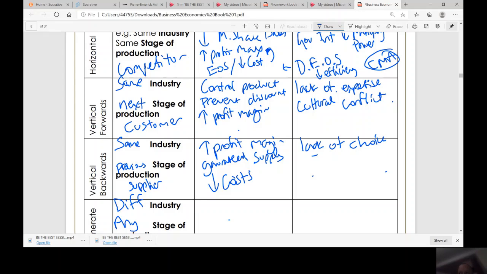And you can't then find a different supplier, and it may affect the quality of your product. So if you have multiple suppliers and the quality of one supplier goes down, you're able to switch supplier. Whereas in this case, you're stuck with your supplier that you've bought because they are now your company. And again, you also have that additional point of either a lack of expertise or a cultural conflict.